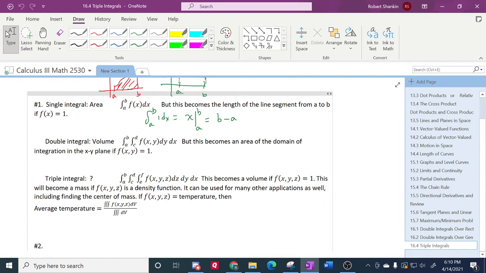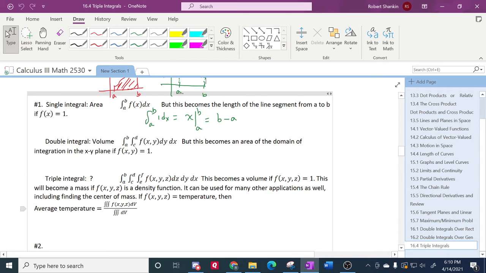And then you sum them all up, and you're going to get the exact answer if you take the limit as the number of partition boxes goes to infinity.